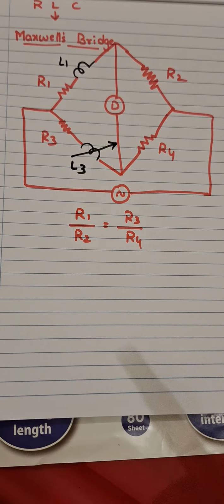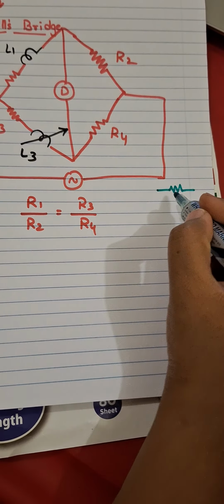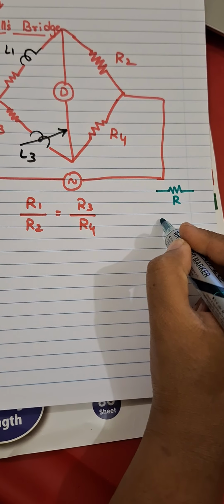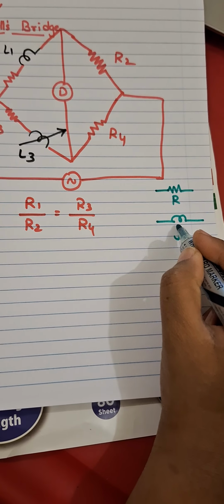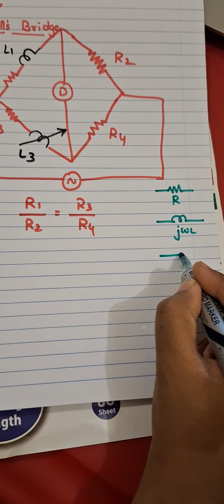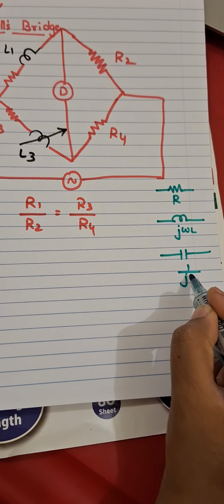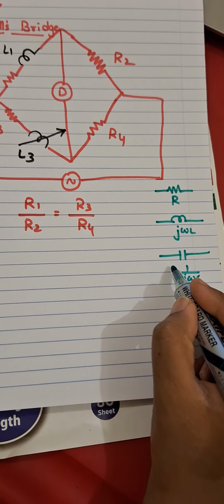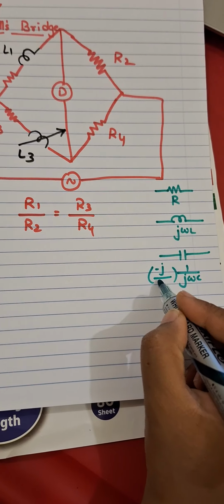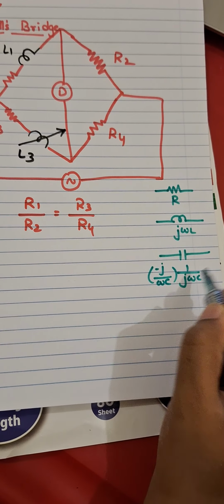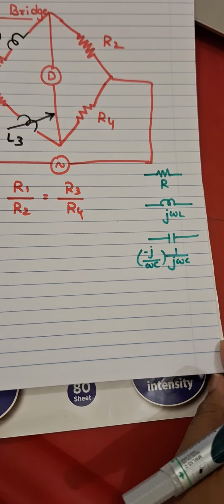So just to remember, if you are having a resistance in the circuit, we write it as R. If you are having an inductance in the circuit, we write it as j omega L. And if you are having a capacitance in the circuit, we are going to write it as 1 by j omega C. Or sometimes we can even write minus j by omega C. Anything is valid. Okay, just remember these 3 points for this unit.